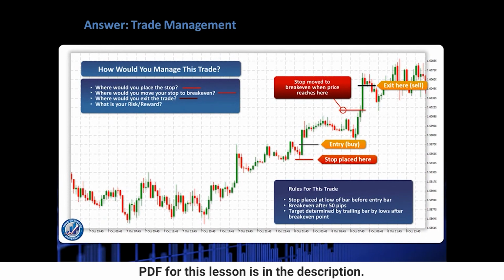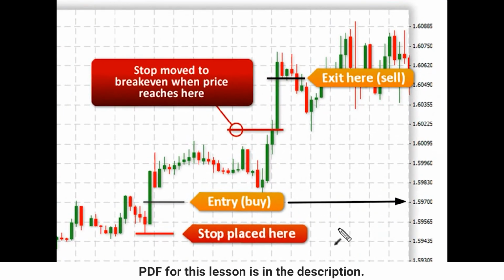So what's our risk reward here? Well, we've got our entry at 1.5970. We've got our stop approximately at 1.5946, so it's roughly in the middle of those two prices there. And then we have our exit roughly in the middle of these two prices here, which is 1.6062 and 1.6049.